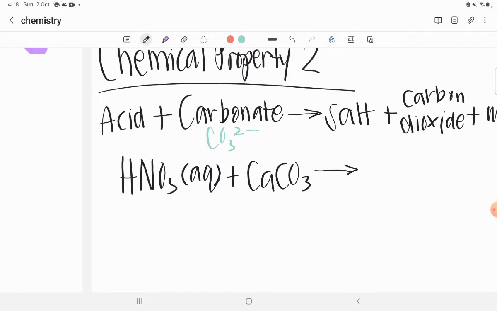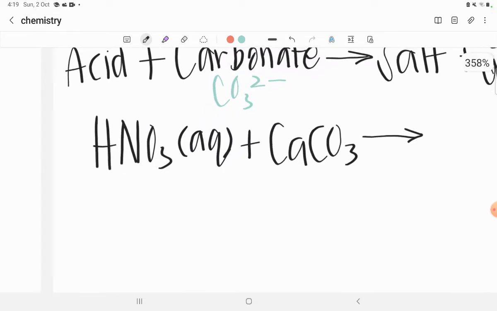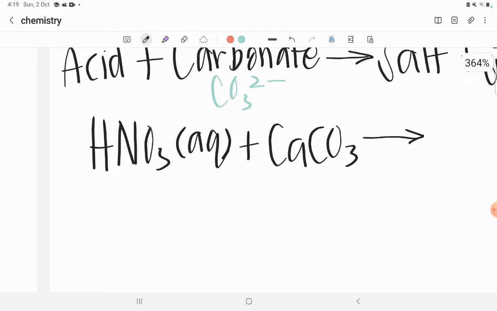The products have to be reshuffled. If the products are still with the same partners, then that's not chemistry, because chemistry is a study of change, right? If they don't change, then it's not a reaction. So H cannot be with NO3 and Ca cannot be with CO3. We have to switch it up.